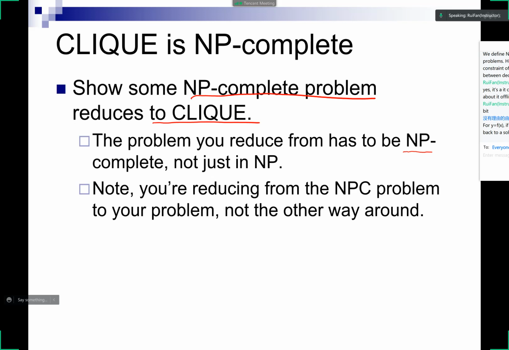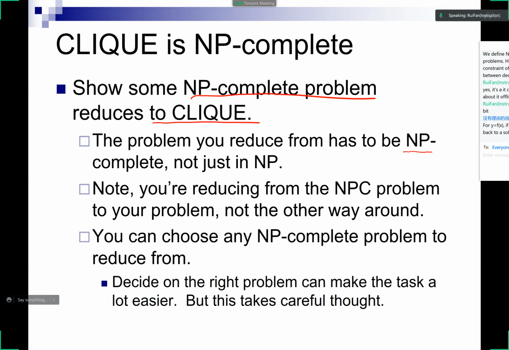But that doesn't imply that clique itself is hard. It might be that clique is very easy, but you can transform it to this hard problem. So if you want to prove clique is NP complete, you cannot prove that clique reduces to an NP complete problem. You have to show that an NP complete problem reduces to clique. Just be careful about that, because it's easy to make that mistake.